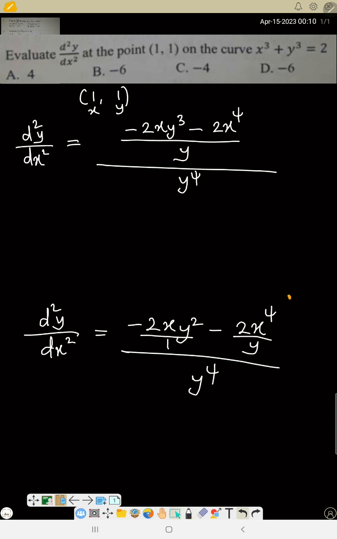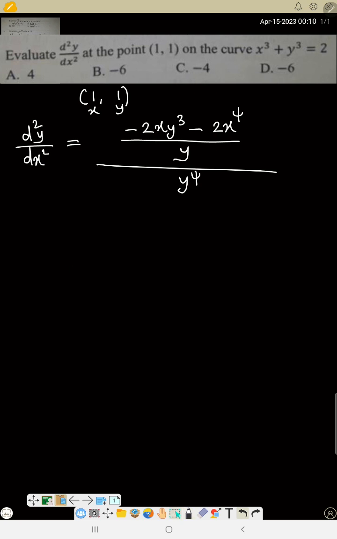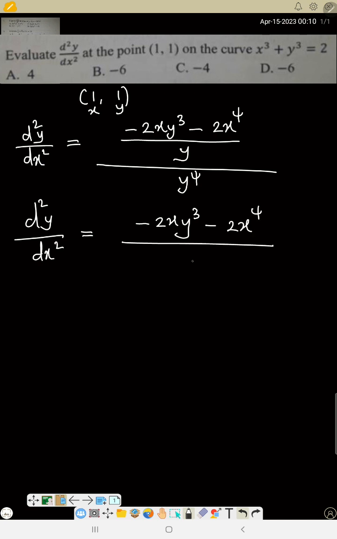So I actually have a short method for this, d²y over ds², but it's a derived formula, but I'm only showing it here. So d²y over ds² equals minus 2sy³ minus 2s to the power 4 divided by y to the power 5.